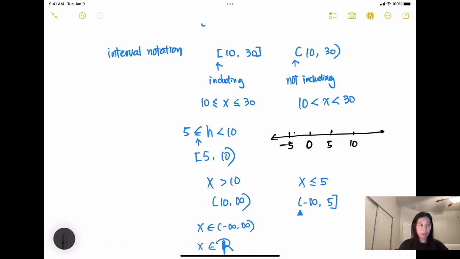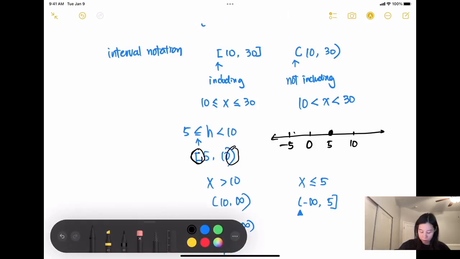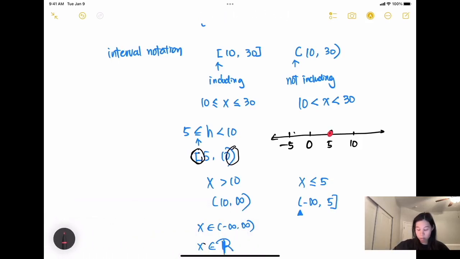So x is in between 5, including 5, but not including 10. When it comes to 5, let me use a different color, we have a solid dot. That means including, and everything in between 5 to 10, but not including 10. So we have an empty circle when it comes to 10.